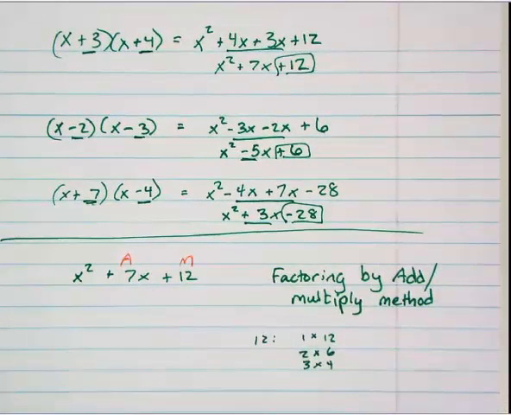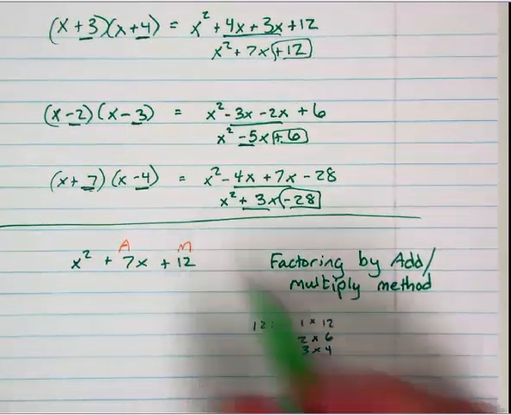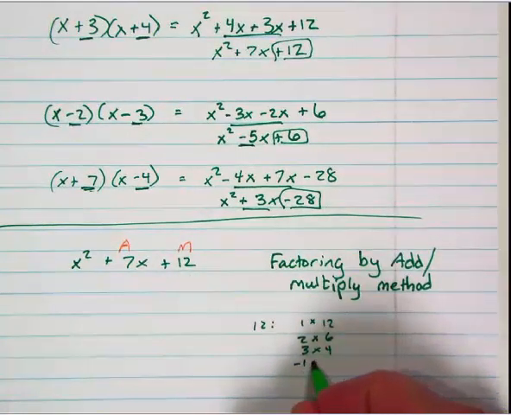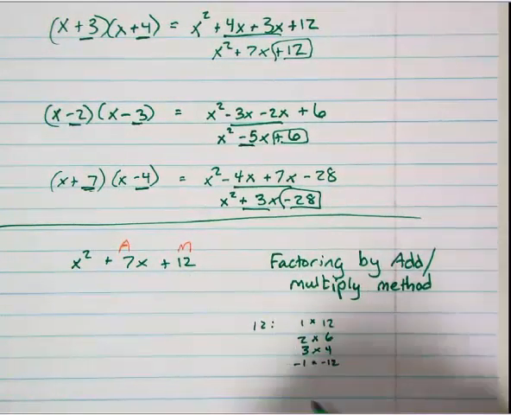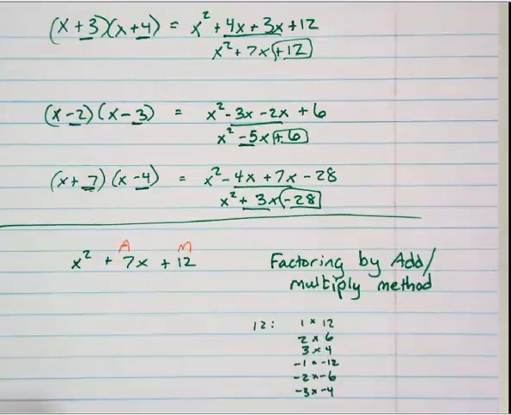Also consider that positive 12 is negative 1 times negative 12, negative 2 times negative 6, and negative 3 times negative 4. So if you think about that factor list, take a look at the combinations of numbers.